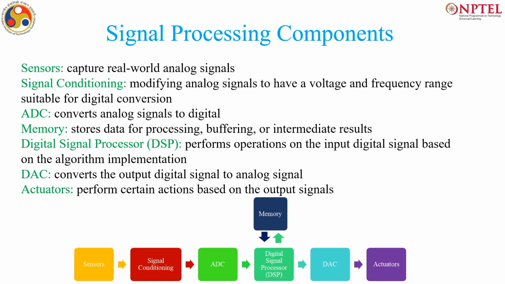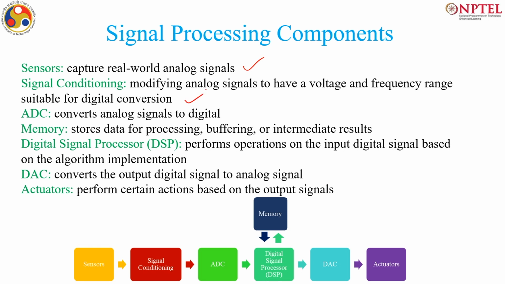Now, what are the signal processing components? This diagram I had shown you in the beginning, where I defined sensors, which capture the real world signal. Any signal will appear in the form of some physical quantity, and it will be an electrical quantity at the output of the sensor, typically a current or a voltage.